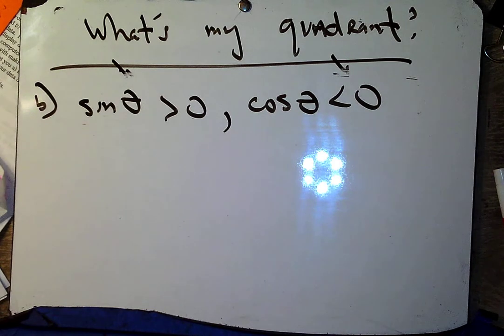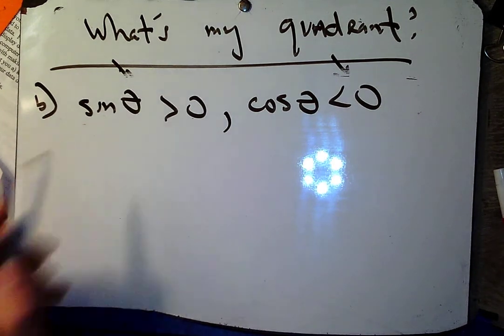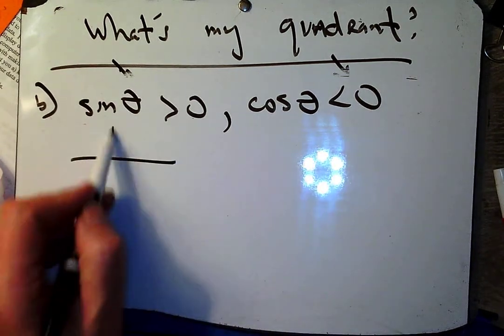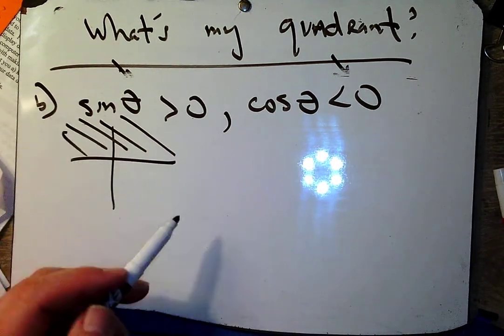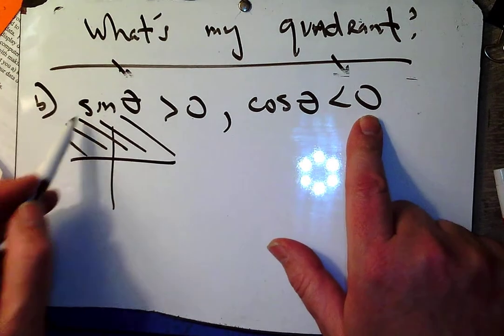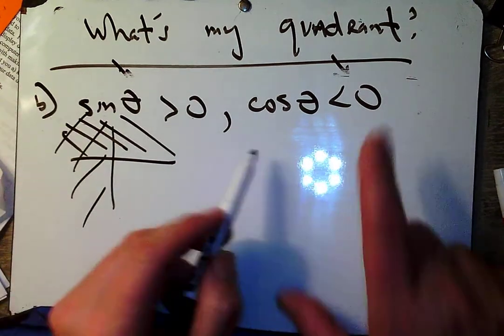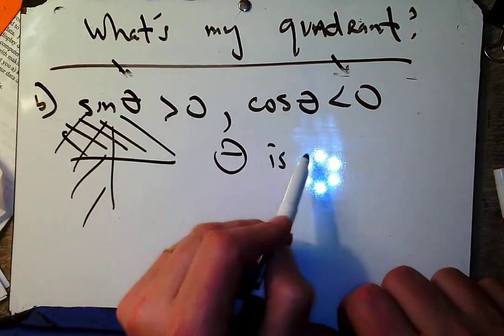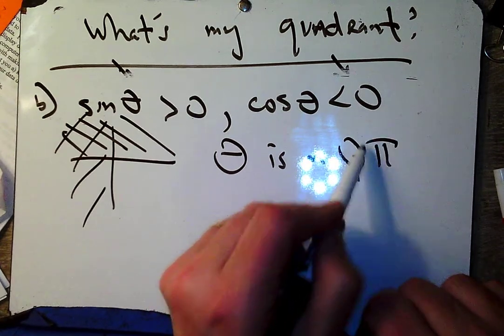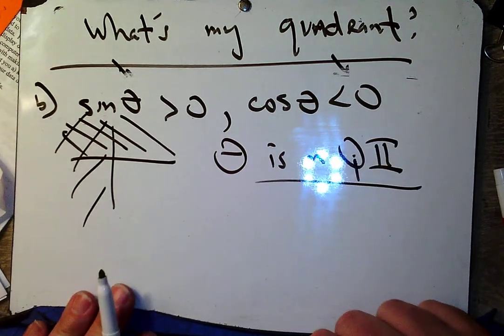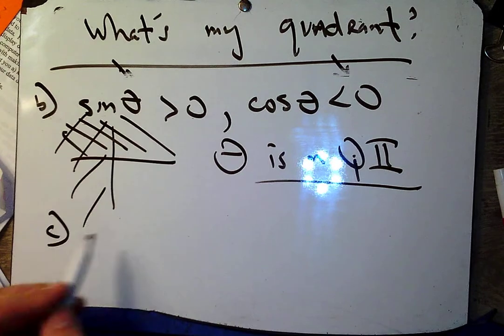Okay. So, did you say, hey, sine is positive in these quadrants, and cosine is negative in these quadrants, and say theta is in quadrant 2? That's my answer.